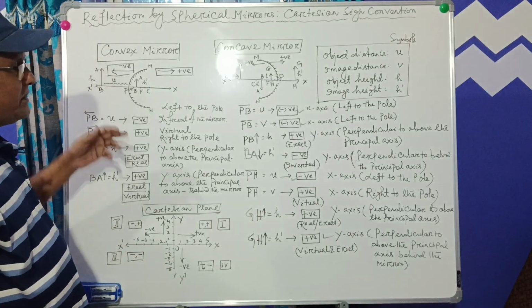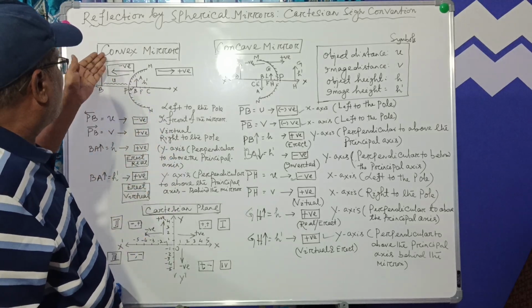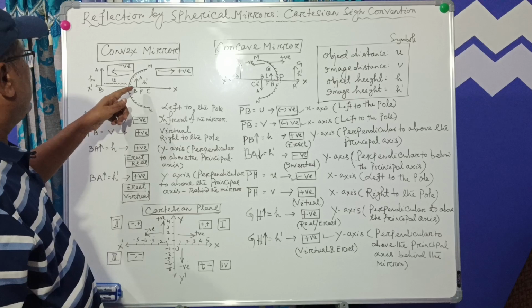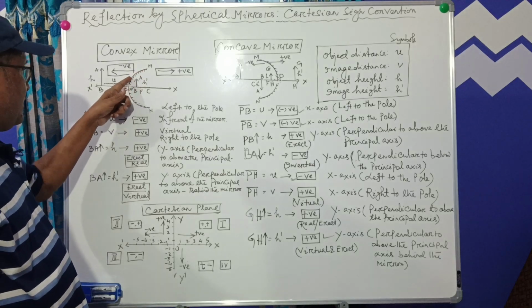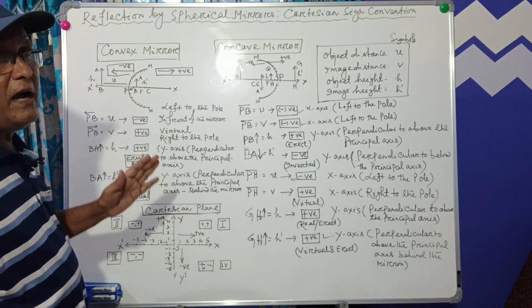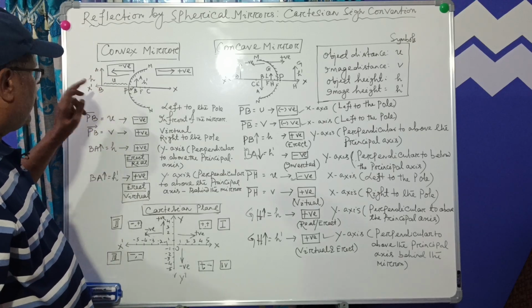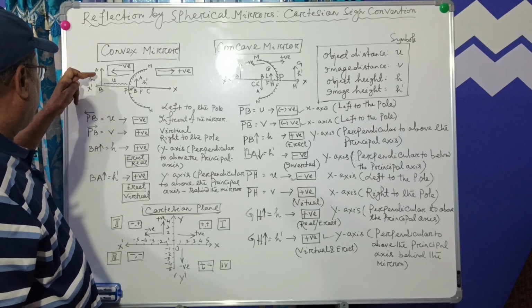Okay, so let us discuss the convex mirror. The same principle is applied here. Now you see the outer surface is the reflecting surface.